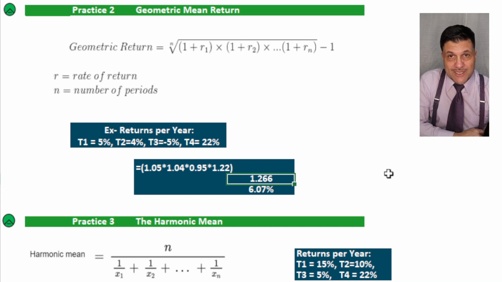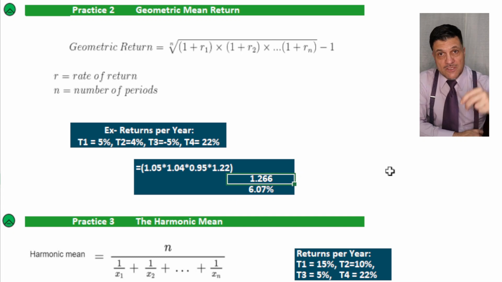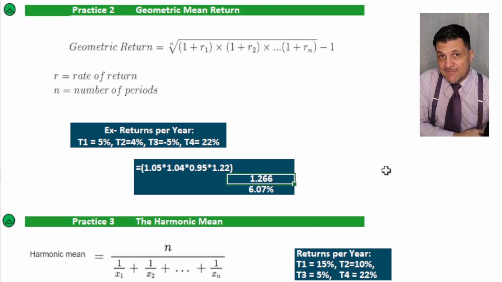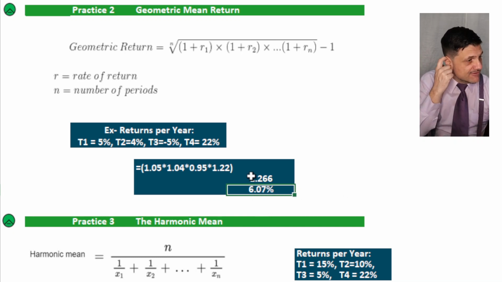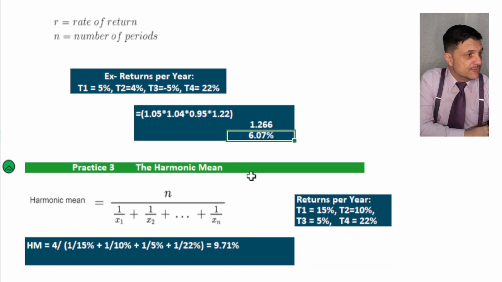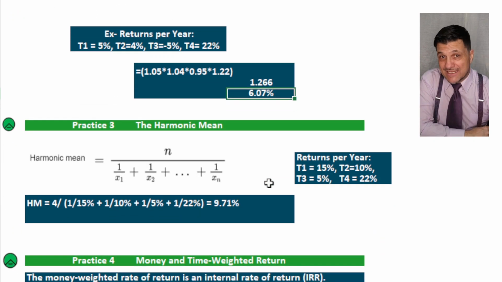Then I'm going to raise it to the power of 1 divided by 4. If it was 5 years, the power of 1 divided by 5. 3 years, the power of 1 divided by 3. So I do 1.266 to the power of 0.25, which is 1 divided by 4, subtract 1, and I get 6.07% average return. That's called the time-weighted return as well, right there in the example.